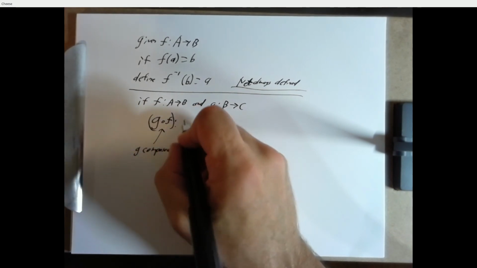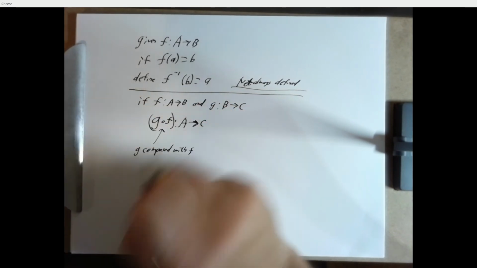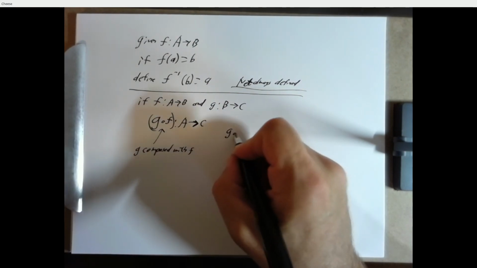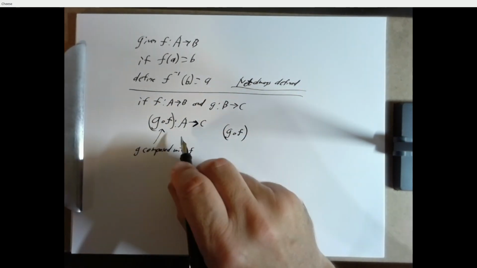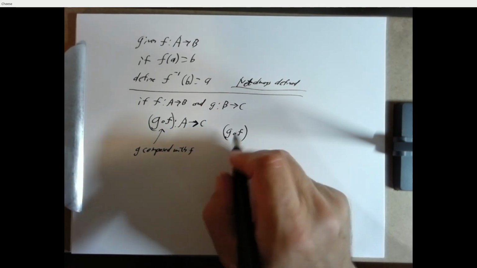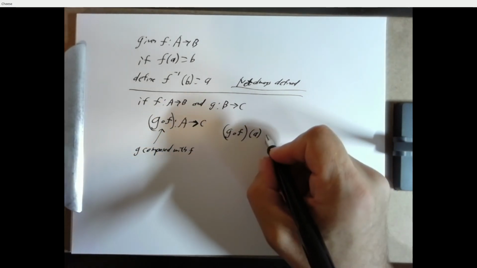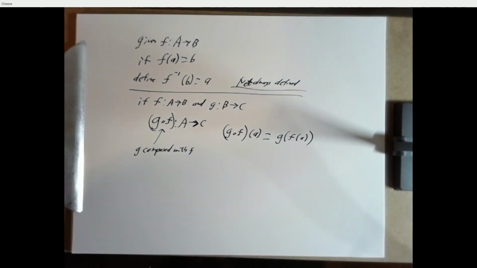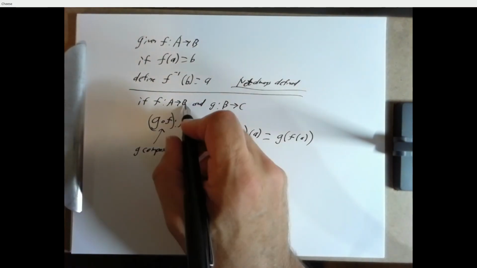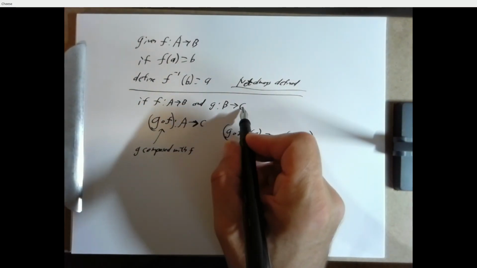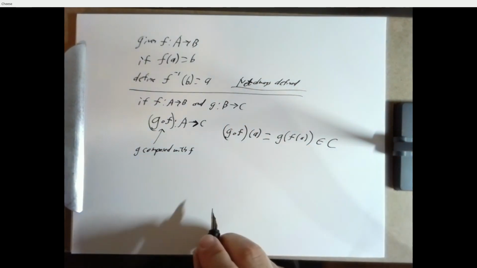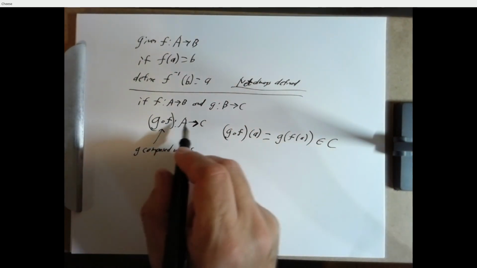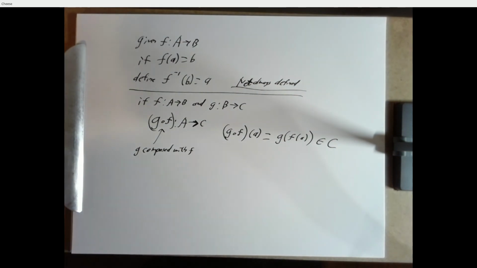And this is a function from A to C. So to understand what this function does, we have to say what it does to each element of A. Well, g composed f applied to an element a is equal to g of f of a. Does this make sense? Yes, f of a is an element of B, and g takes elements of B to elements of C, so this will be an element of C. So g composed f is a function that maps from A to C. Again, we're going to go through examples of all of these things. This is going to help clarify some of these concepts. I'm giving you the basic ideas right now.